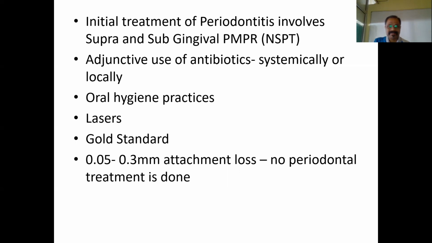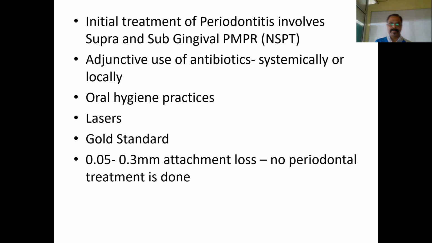So along with this supra and subgingival PMPR, you can also advocate the patient's proper use of oral hygiene practices. Okay, that includes brushing, flossing, use of interdental brushes, maybe sometimes adjunctive use of chemical plaque control methods, right? Along with that, lasers also have been used as an adjunct to this non-surgical periodontal therapy, right?